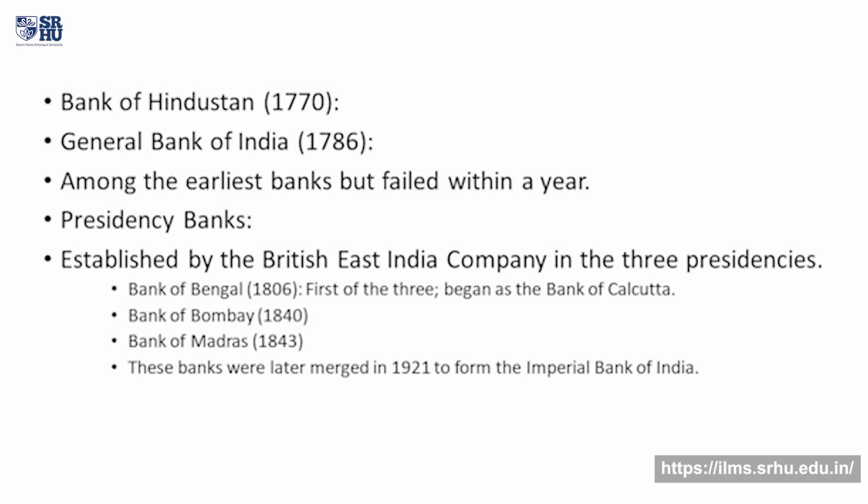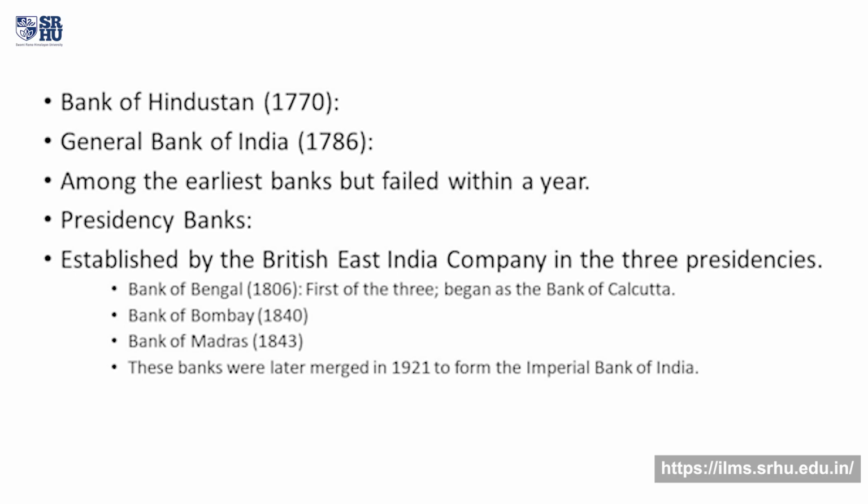Next, the Presidency Banks. They were established by the British East India Company in the three presidencies, that is, the Bank of Bengal in 1806, which began as the Bank of Calcutta. Next, the Bank of Bombay in 1840 and the third one, the Bank of Madras in 1843.